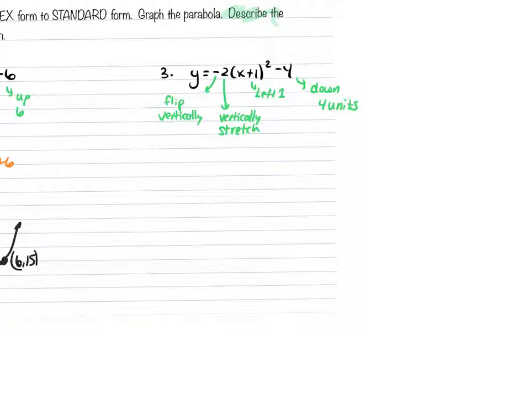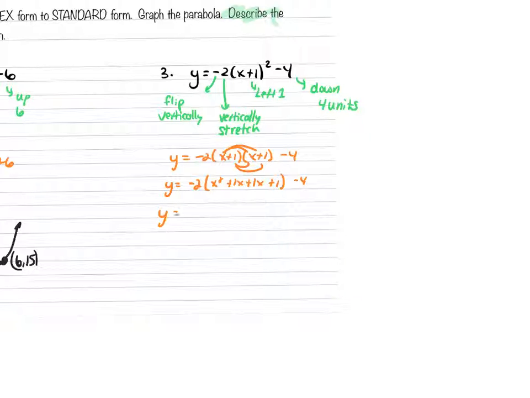So to convert it to standard form, we always start by expanding the squared term. And then as we recommended, we should always multiply the polynomials first. So I'm going to leave the -2 there. So I'd get x squared plus 1x plus 1x plus 1, and then there's still a -4.